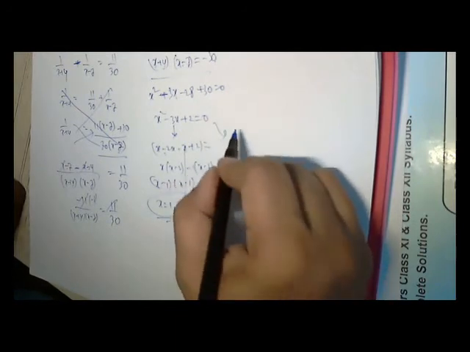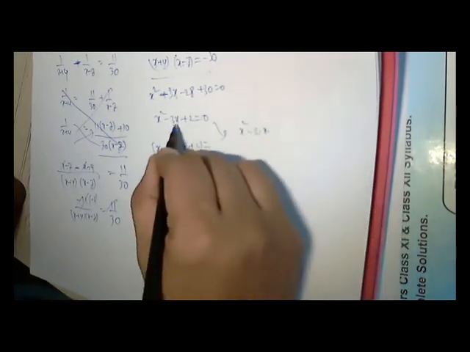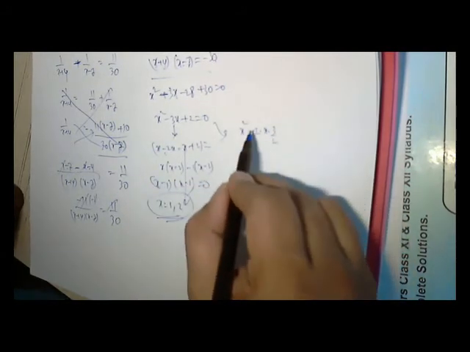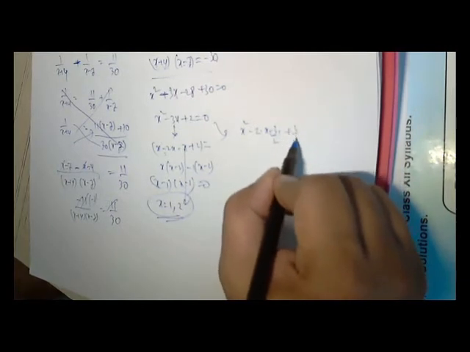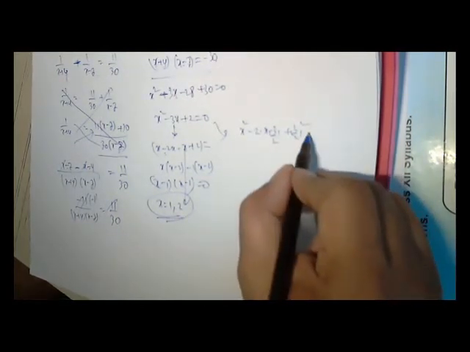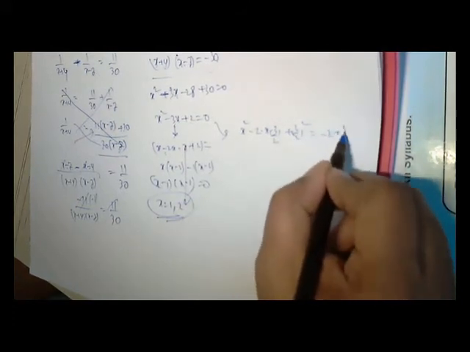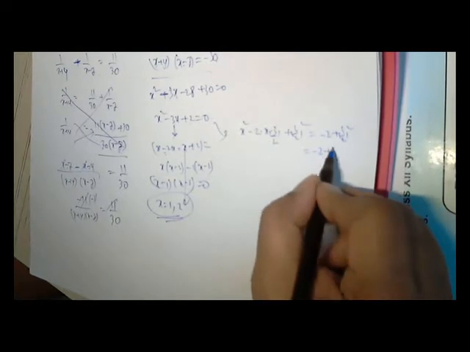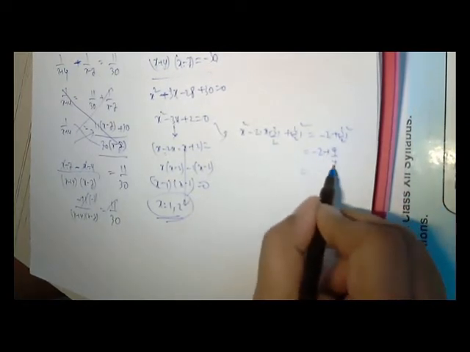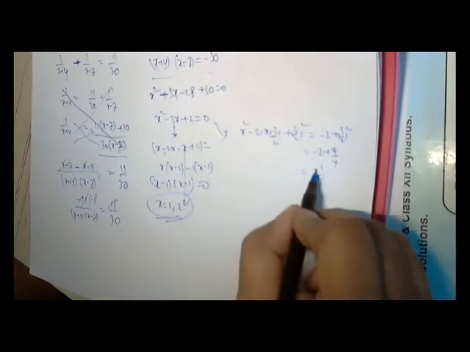By squaring method, a square minus 2 into a into b, b is 3 by 2, so we get minus 3x. So x square minus 3x plus (3 by 2) whole square is equal to, this 2 goes this side, minus 2 plus (3 by 2) whole square. So minus 2 plus 9 by 4 is minus 8 plus 9, minus 1 by 4, that is 1 by 4.